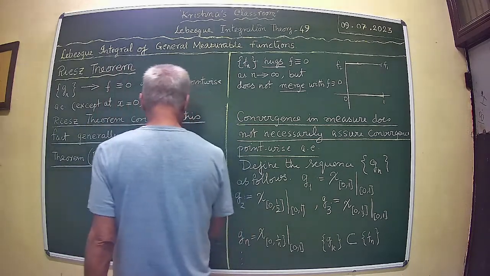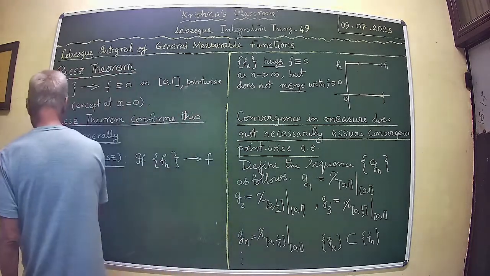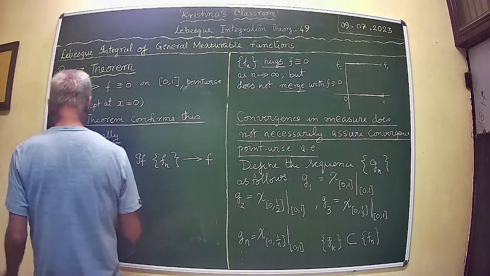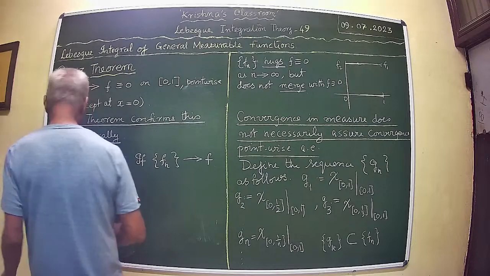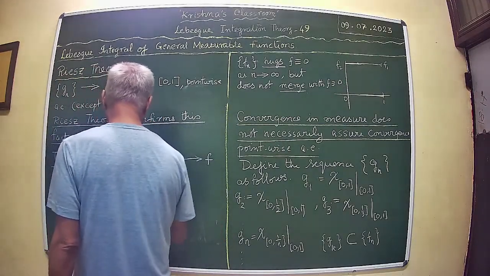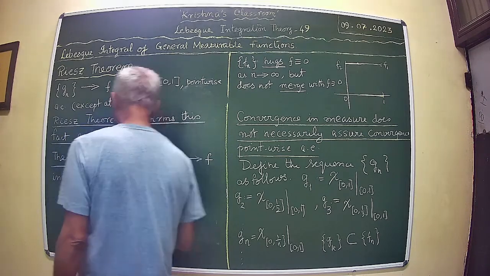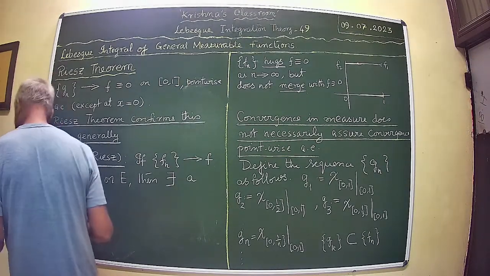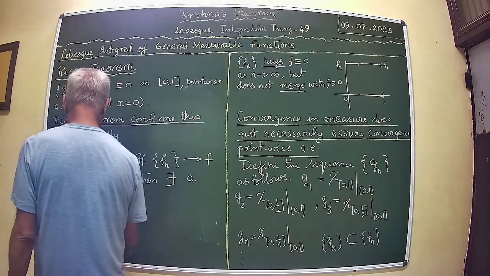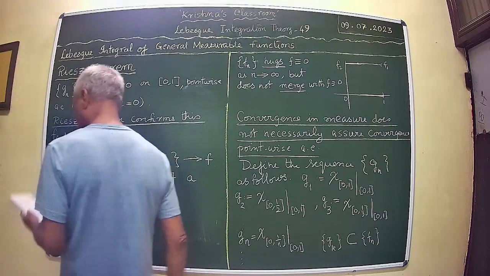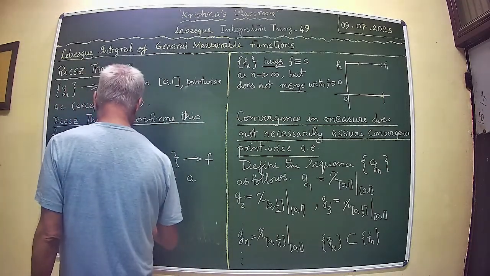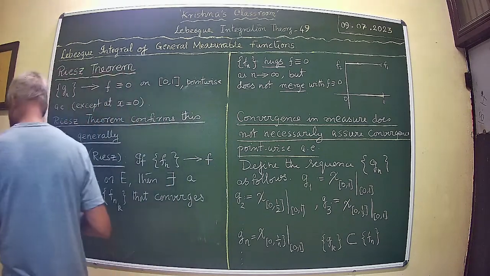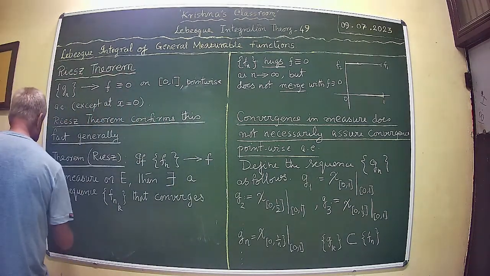If Fn converges to F in measure on E, a measurable set E, then there exists a subsequence Fn k that converges pointwise almost everywhere.